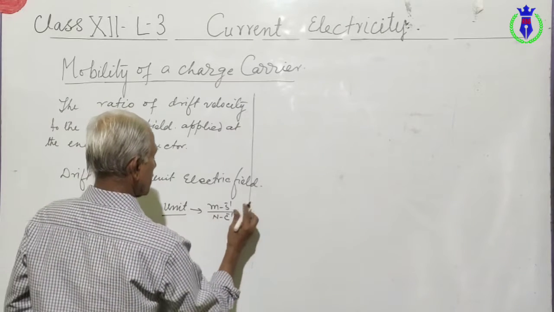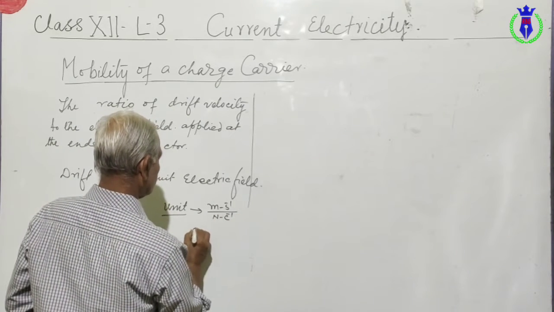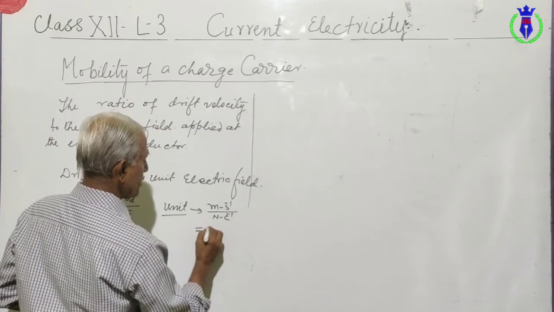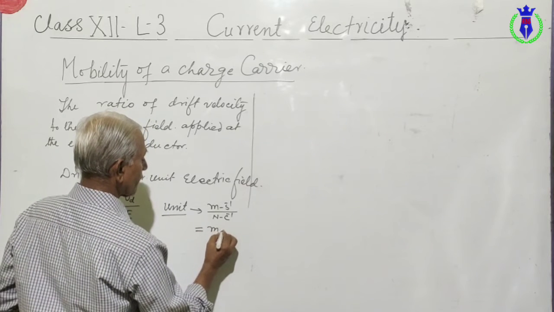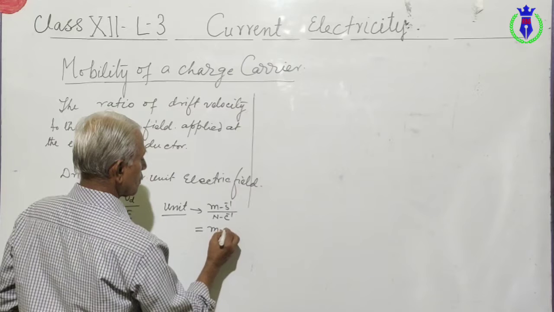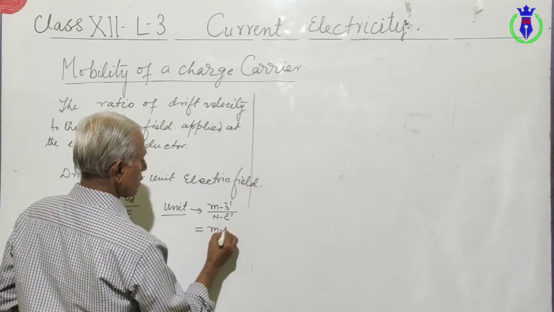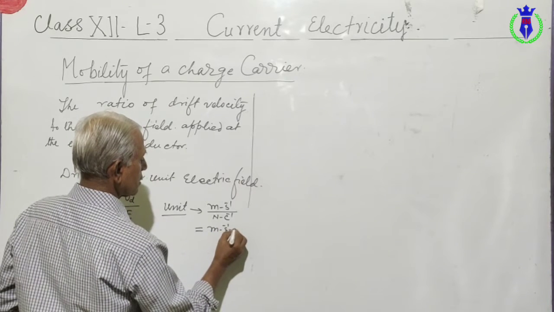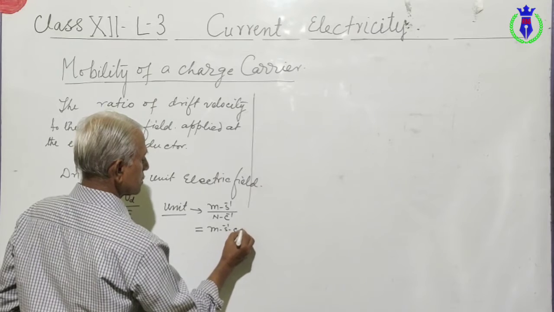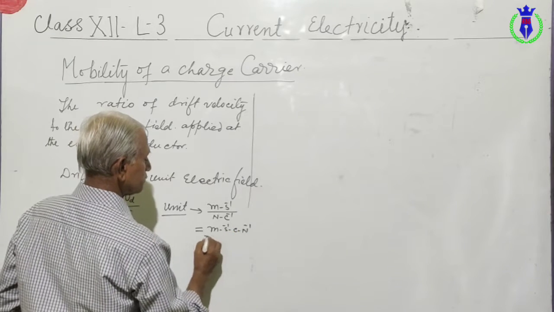And therefore this is equal to meter Newton per second coulomb per Newton.